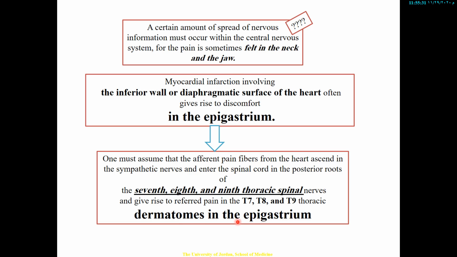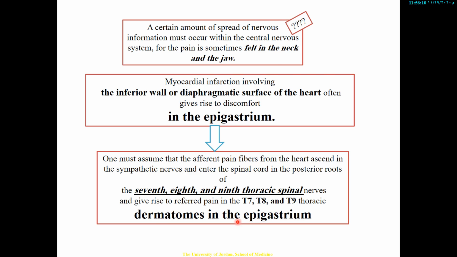So there is an anatomical connection: the irritation from the myocardial infarction affecting the diaphragmatic surface may irritate the nerves that supply the diaphragm, and the diaphragm would take this information from T7, 8, 9 and send it back to the brain, and the brain may think this is coming from the epigastric area.